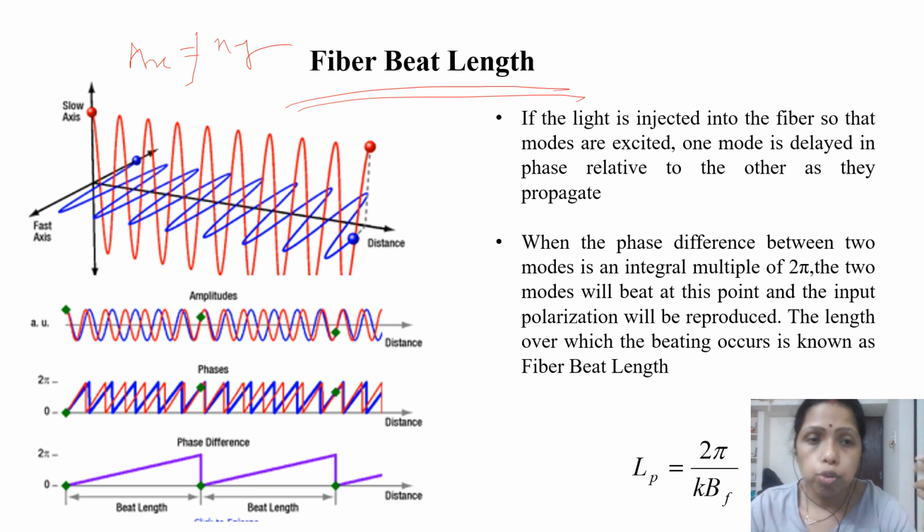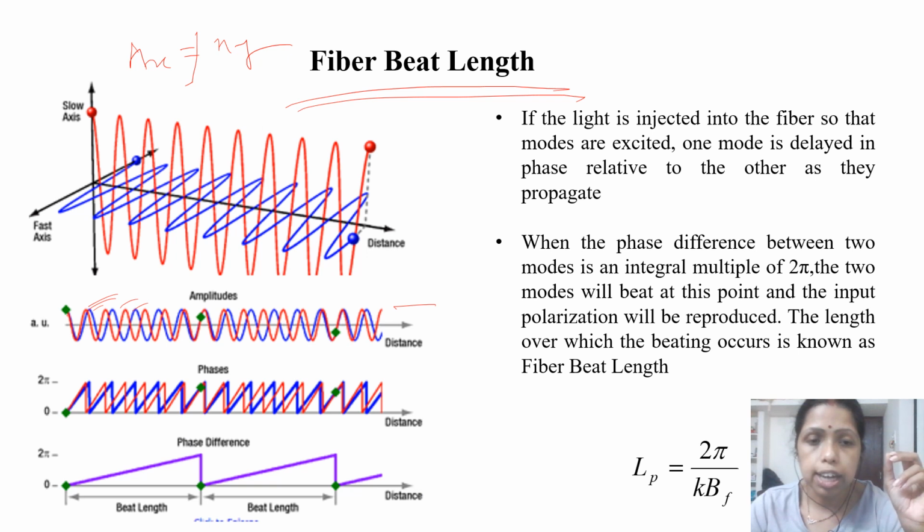If you need to plot the amplitude graph and the phase graph, suppose at this instant it enters the fiber, both the horizontal mode and the vertical mode have the same velocity. Due to the anisotropic media inside the fiber, you can see the phase of both waves changes.